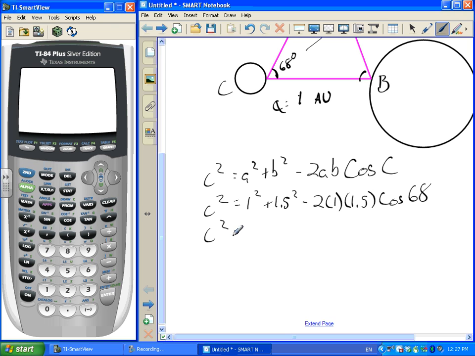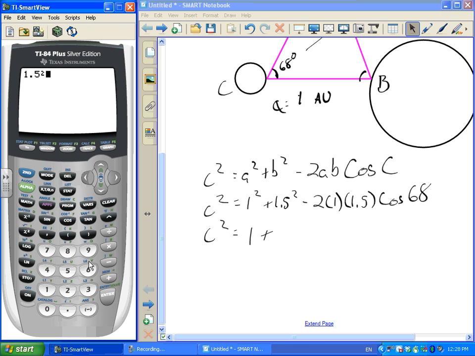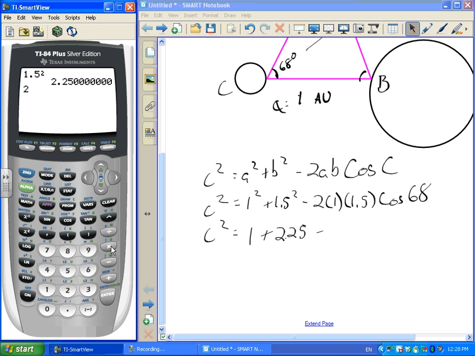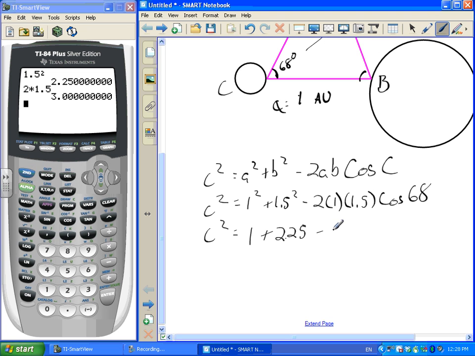C squared is equal to 1 plus 1.5 squared, which gives us 2.25. I'm going to do this all in one step: 2 times 1.5, because no matter what I multiply by 1, I get the same, so 3 cos 68.